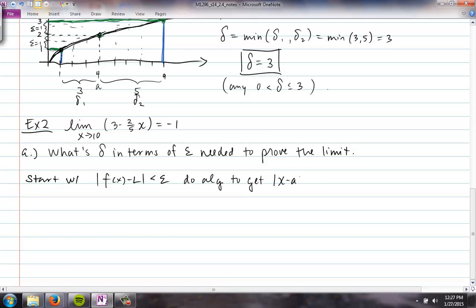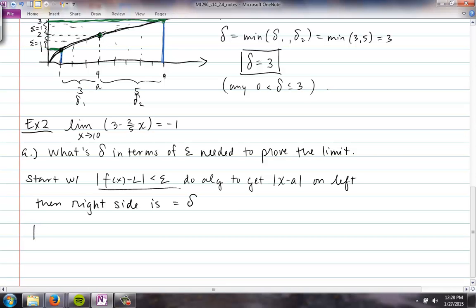So get that absolute value of x minus a on the left, because that's where the inequality is in this one. Then the right-hand side is what you let your delta equal. So that's pretty much it. Now we'll go over how you do this algebra.